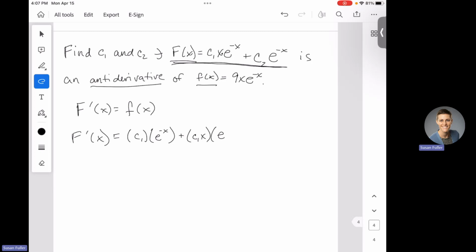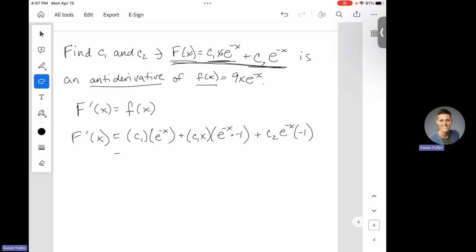The derivative of e to the stuff is e to the stuff, times the derivative of my stuff. And then I have to add the derivative of the second piece. The derivative of a number times e to the negative x is that number times e to the negative x times the derivative of negative x, which is negative 1.